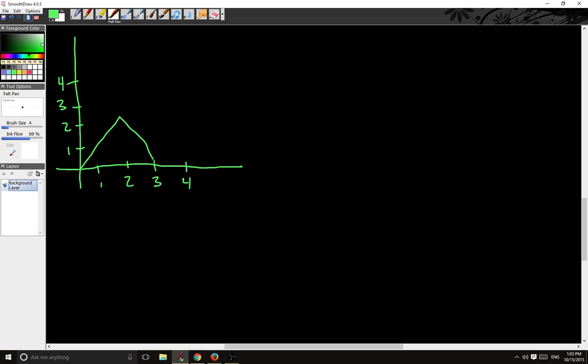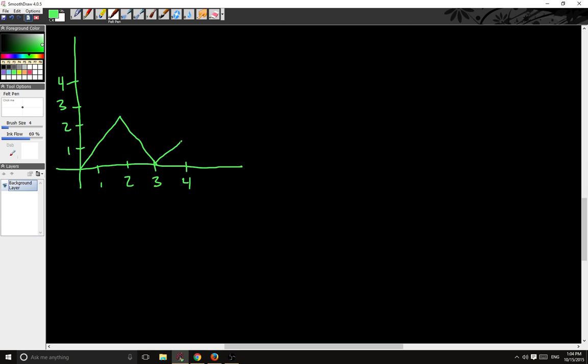When I was helping out one of my students with homework, they had a quiz problem that looks something on the order of this, where they weren't given an equation, but they were given a graph.